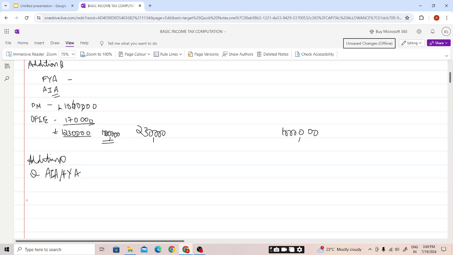Now additions which do not qualify for FIA, these are car of CO2 emission of 42 grams, this will be under the head of main pool.